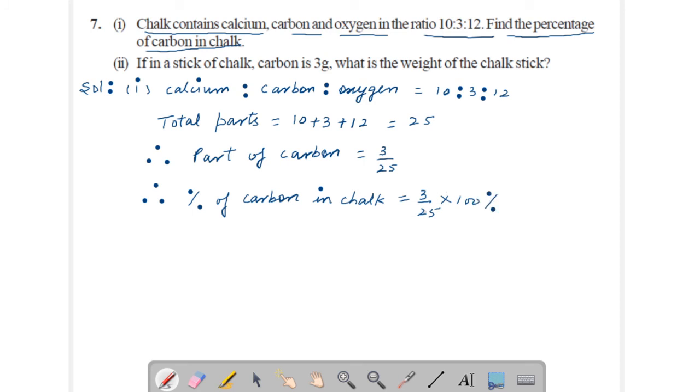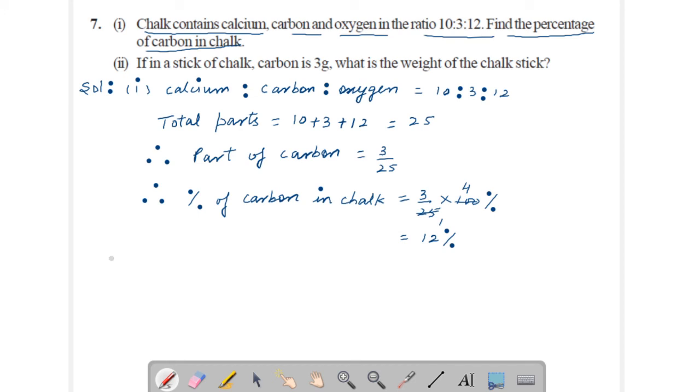Simplify it. 25 1 25 4 100, 3 into 4, it is 12%. This is your answer, 12%.